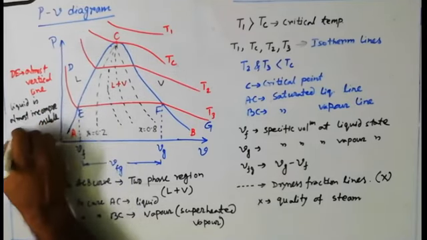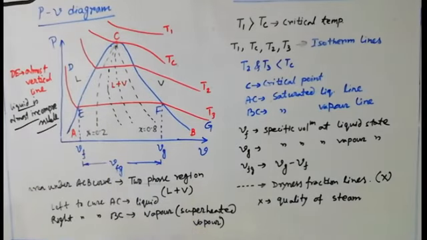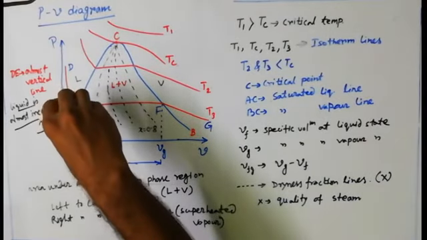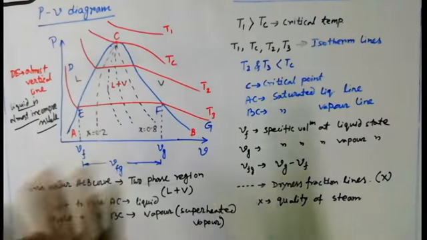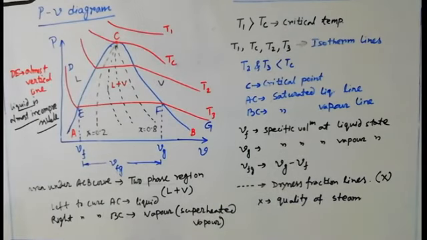That is the reason actually. Incompressible means it is very tough to compress it. If you increase the pressure on liquid, the compression will be very negligible in amount, because the density of the liquid is constant.